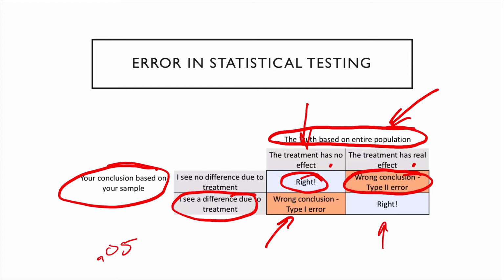So by setting our p-value at 0.05, we make sure that we have a 95% chance of making a correct conclusion. Okay, so that means for every study that we read that has a 0.05 p-value, 5% of them have made the wrong conclusion. So we have to keep that in mind.